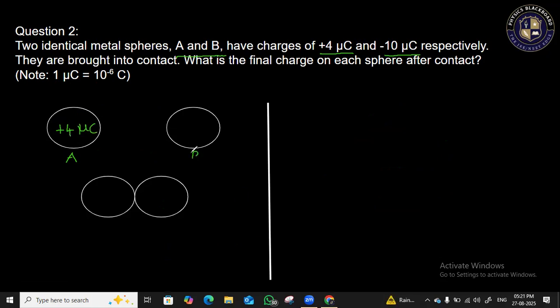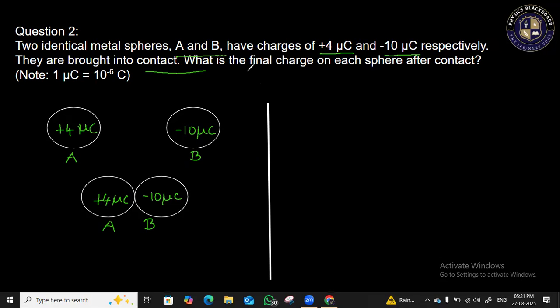Let's say this is sphere B, whose charge is minus 10 microcoulombs. They are brought in contact. Let's say these two spheres are kept in contact.